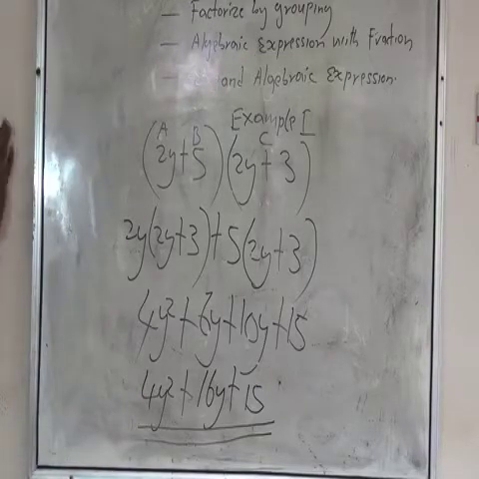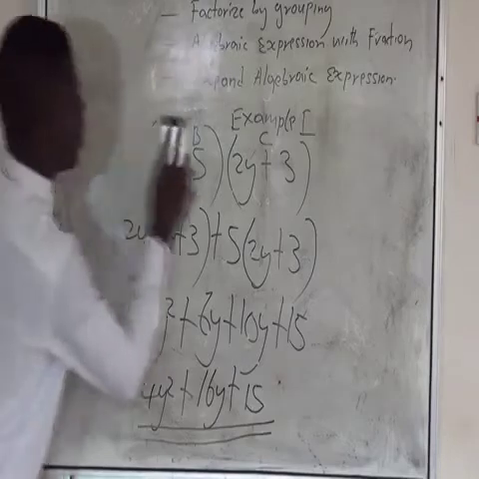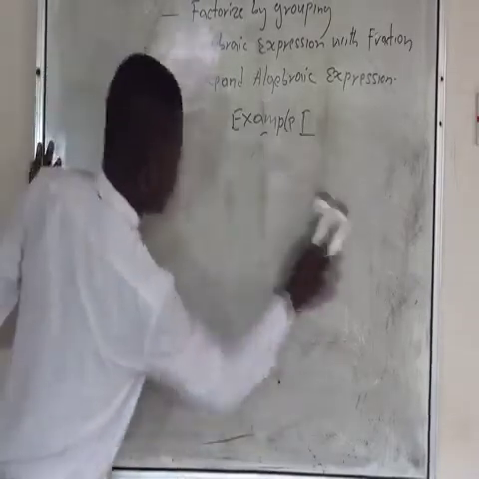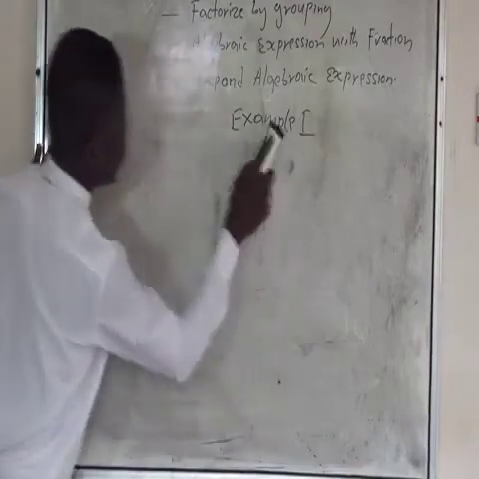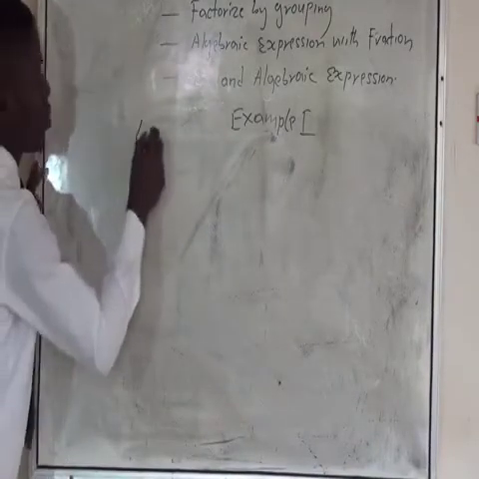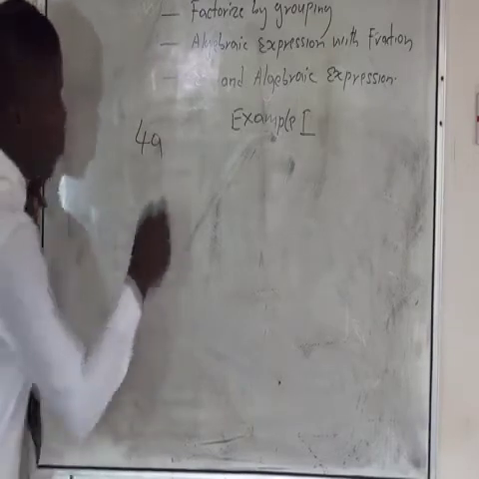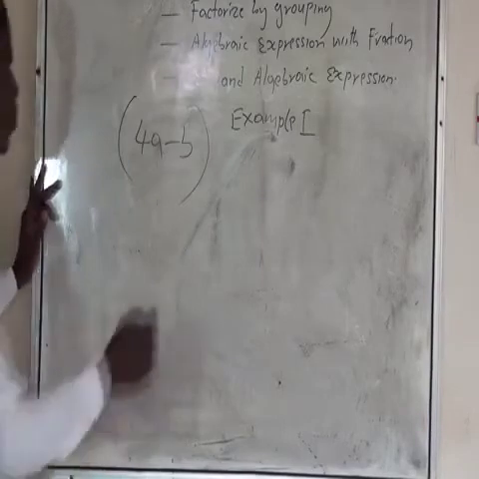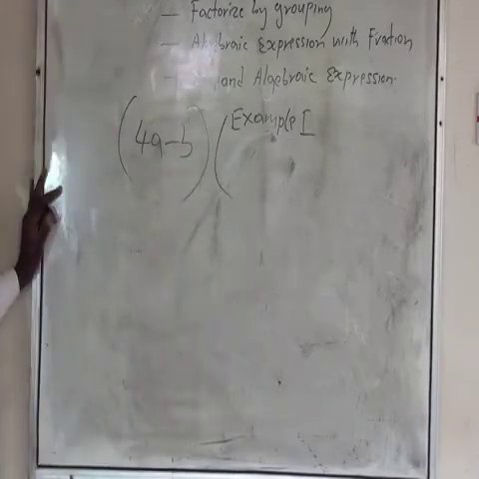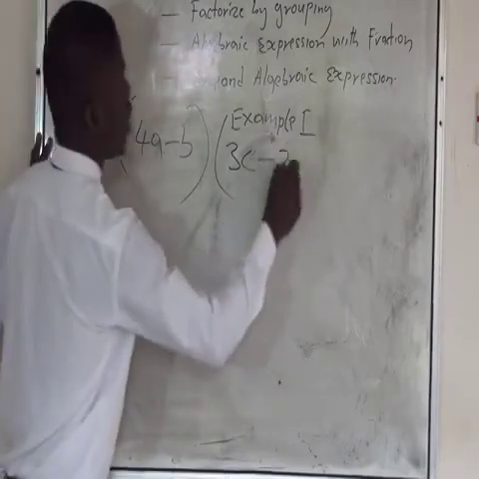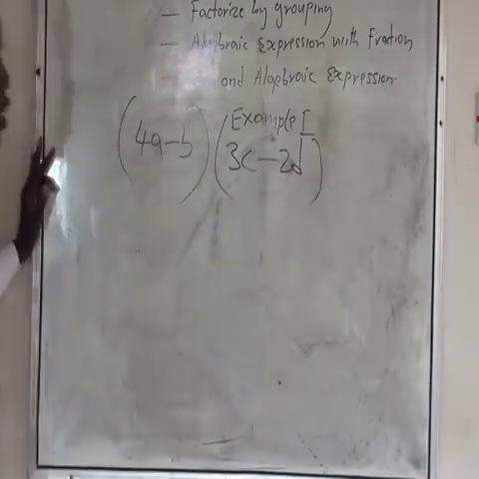Example 2. Please, this is very, very important. It's always there in our external exam. 4a minus b, open and close bracket, open another bracket, 3c minus 2d, open and close another bracket.